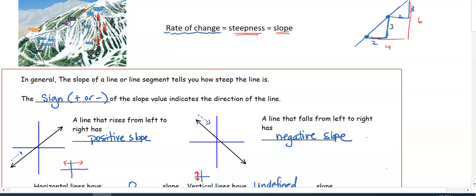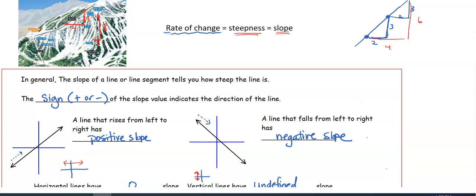Whereas in a green run, if we had a smaller vertical as compared to horizontal, 4 as compared to 4, then it would be a steepness factor 4 divided by 4, which is 1. So the greater the number, when you take the vertical height as compared to the horizontal or divided by, the greater the number, the steeper the line. And that is the slope of the line.